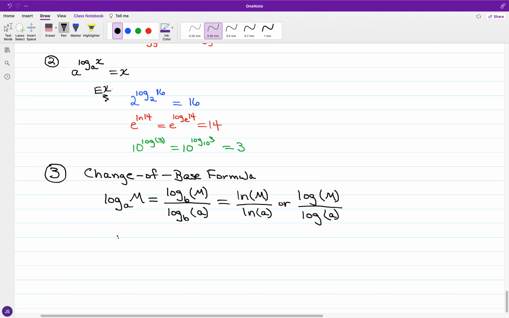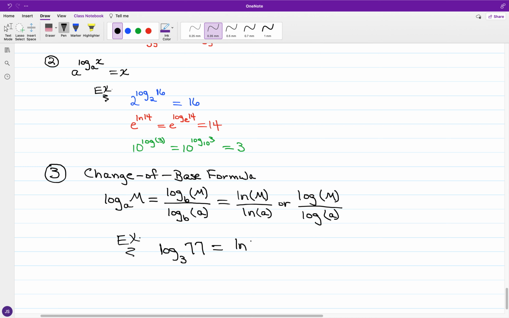Say we're rounding to the nearest 3 places. Let's say I have a base 3 logarithm of 77. So here, a is represented by 3, m by 77. I can go with either natural or base 10 logarithms.